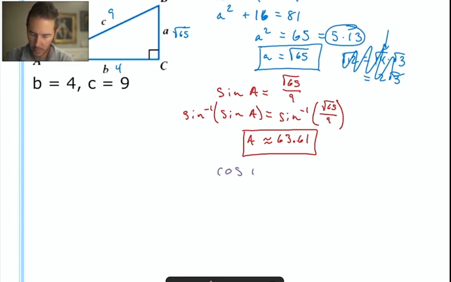So I said let's use cosine, and if we're using cosine of angle B, now cosine is adjacent divided by hypotenuse, and that's root 65 divided by 9 also.